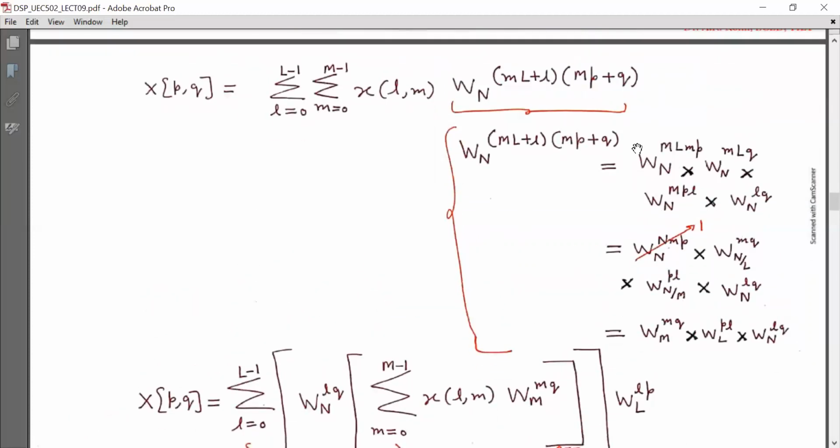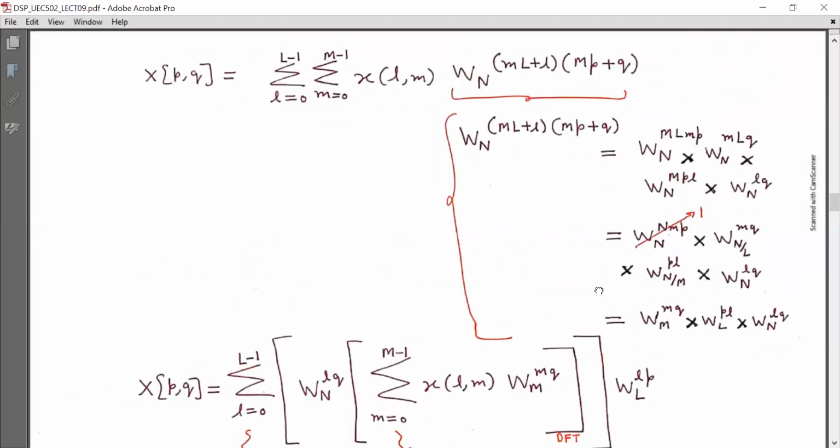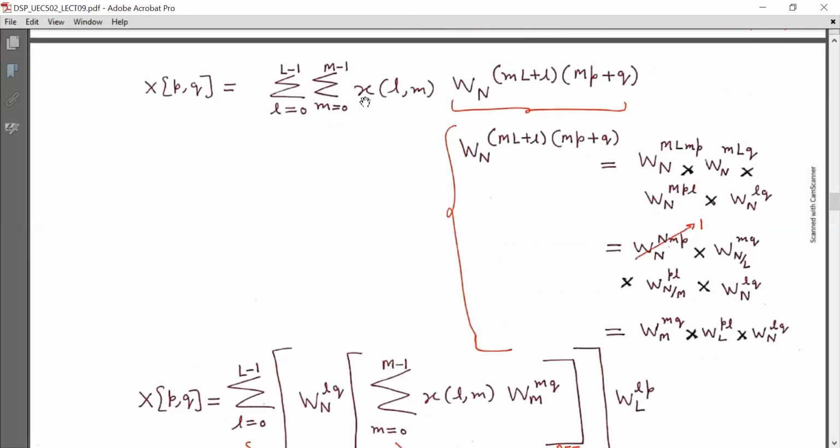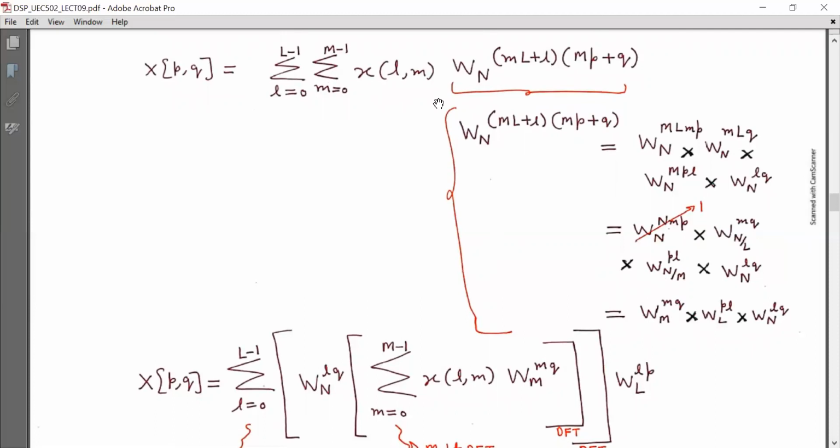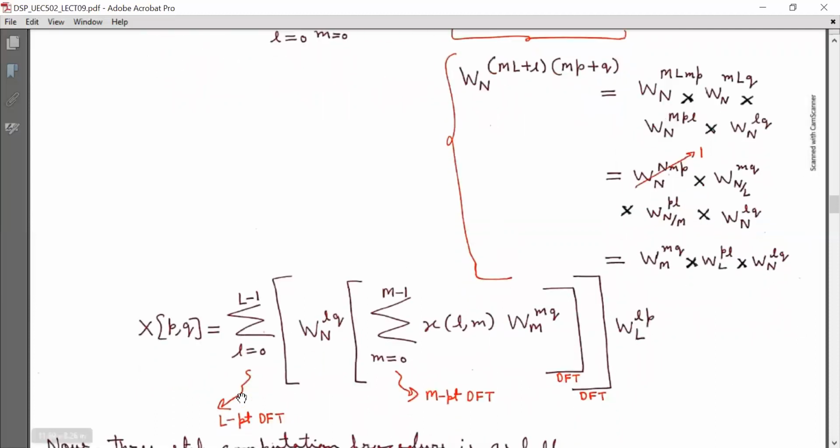Now substituting this value here, and rearranging the equation, I will get this form.